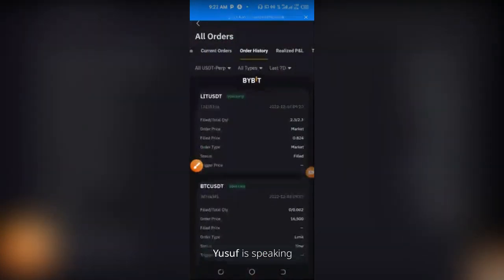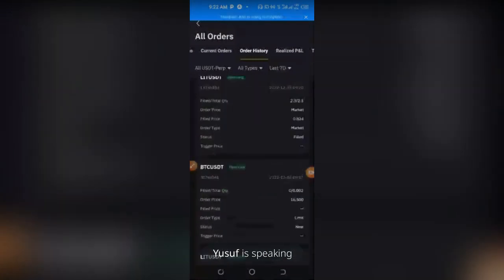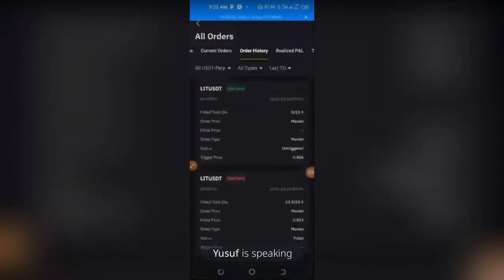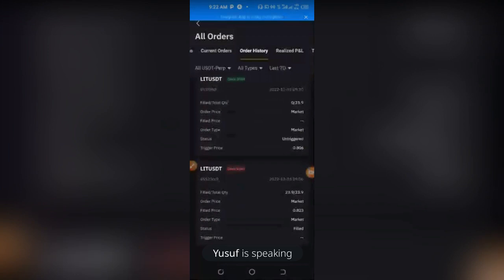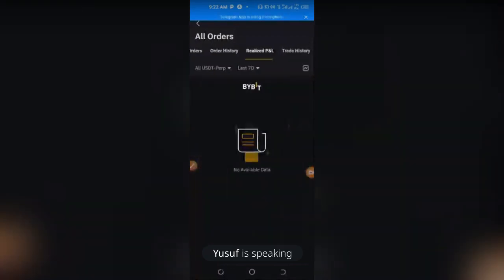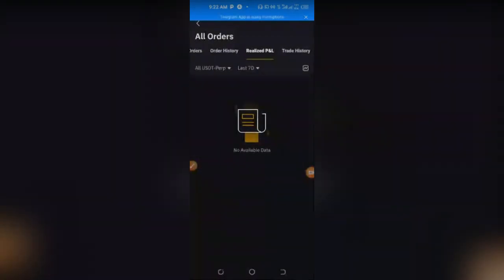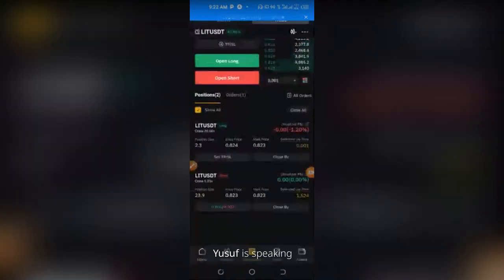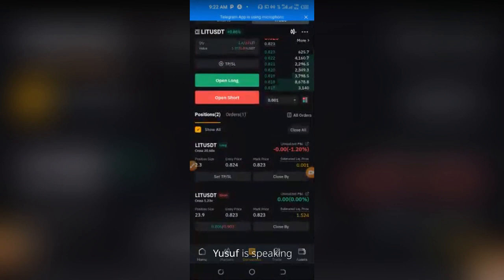That's what it means. Then order history. This is the record of the orders that I have traded so far. Because I have not made any profit, my realized P&L is supposed to drop here. So let's see which of the trades is giving us profit now. The long trade is putting us on a loss. Then the short trade is on equilibrium.